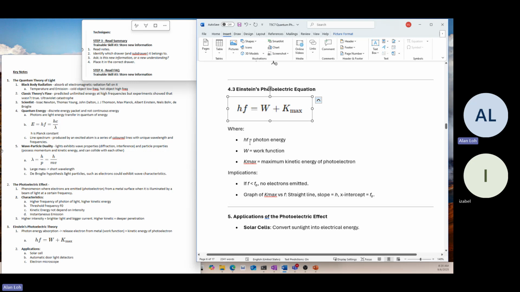Right, so how do you explain this equation? It's very simple. Photon energy, remember the torchlight, the beam of light, and that is the photon energy, and it's beamed towards this metal surface, and the electron is being emitted, the eye is being popped out, right? So remember, there's a work function. It doesn't mean that any light that is beamed onto the metal surface will emit the electrons.